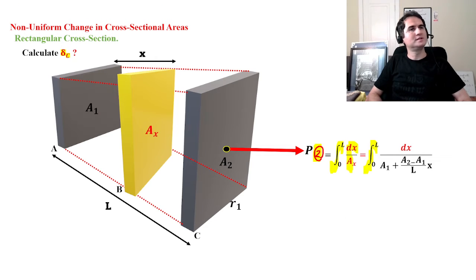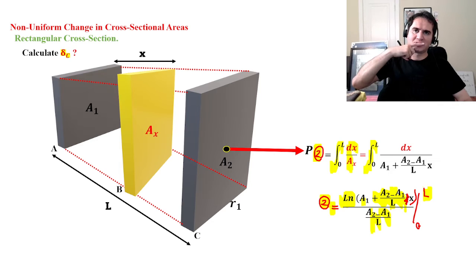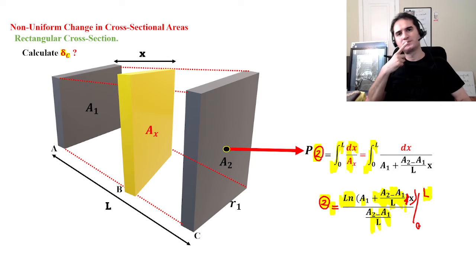If you do this integration, it gives you 2 is equal to ln of (A1 plus (A2 minus A1) over L times x), over (A2 minus A1) over L, from 0 to L. The closing parenthesis should be here, if I am not wrong.